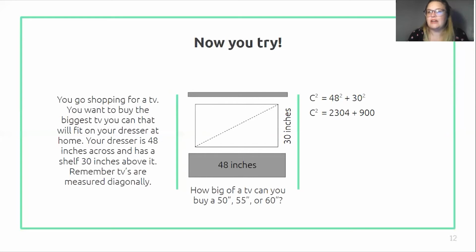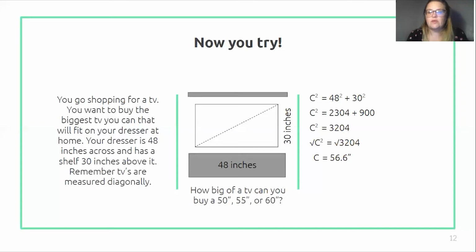So we're going to end up with C squared equals 2,304 plus 900, because that's 48 times 48 and then 30 times 30. C squared equals 3,204. We're going to use the square root on both sides so we can figure out what the equivalent of C is. That's going to give us 56.6 inches.